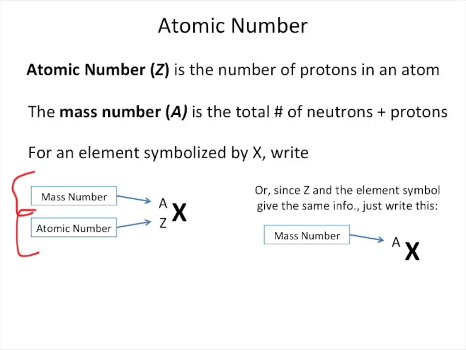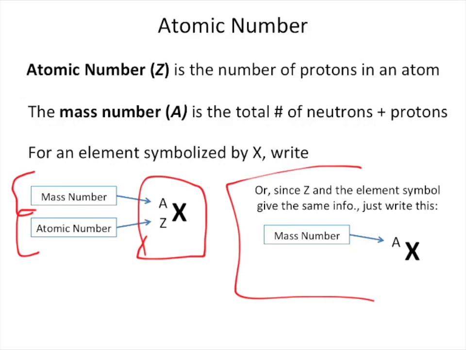However, since the atomic number and the symbol are redundant, you can often just omit the atomic number on the bottom and have your mass number on top, and this would describe exactly what you need to know. So if you're doing some problem in Gen Chem and you're asked to give the symbol for this element in AZX format, that's this. And if you're asked to just give the symbol for the element, then this is fine over here.